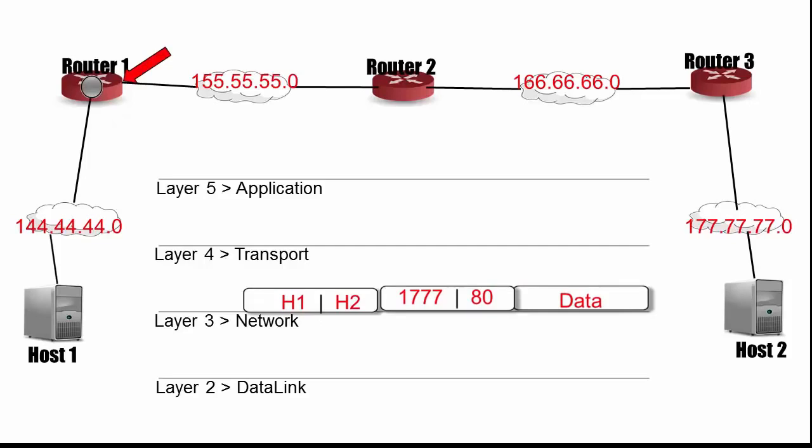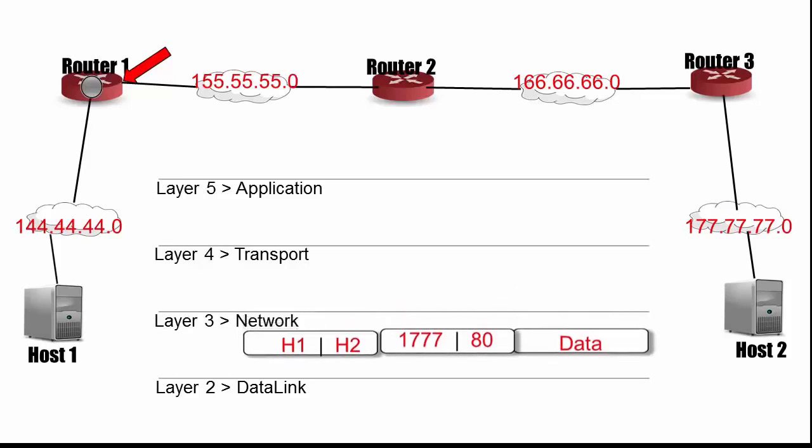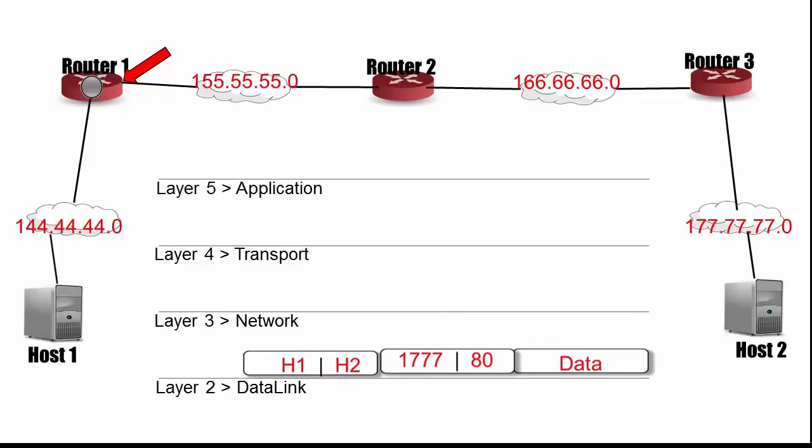So router 1 sends the datagram down to its data link layer, and a new frame is added. The new frame header still has the same source hardware address of host 1, but now the destination hardware address is that of router 2. The frame is now sent out to router 2.